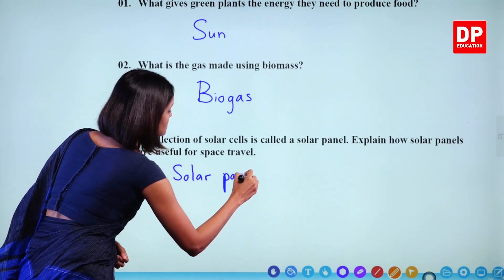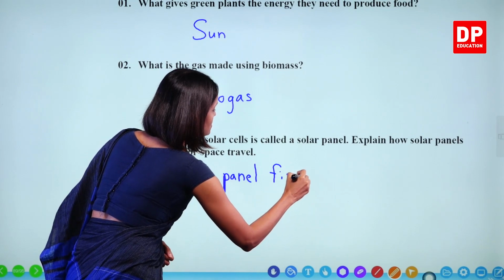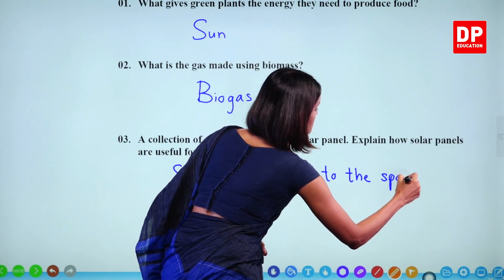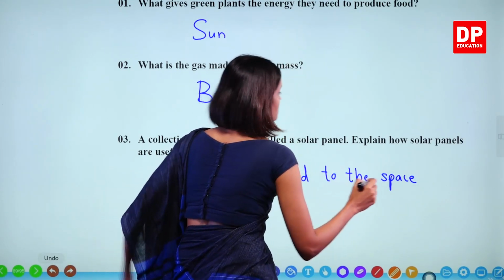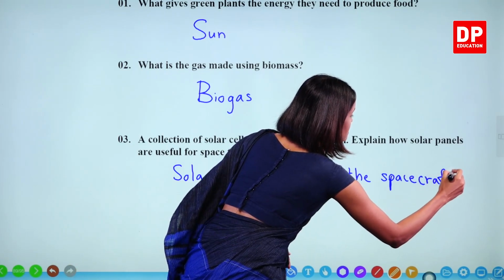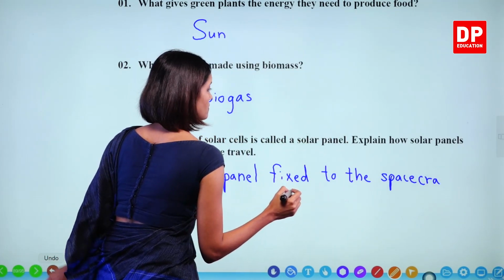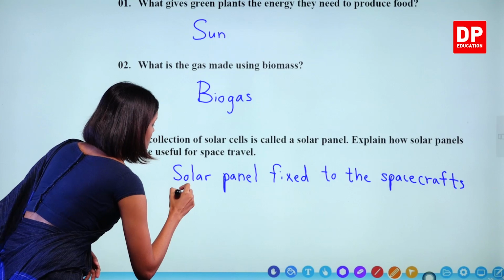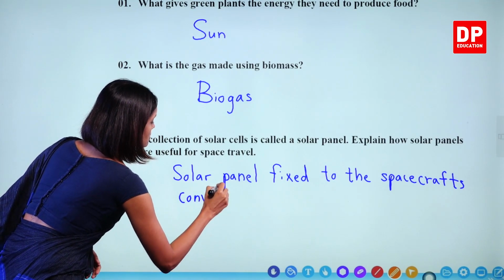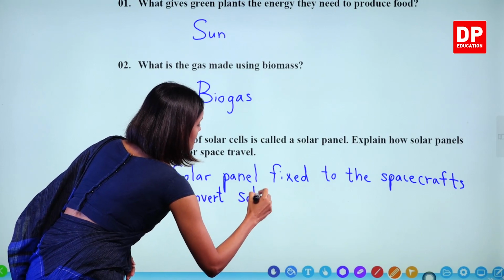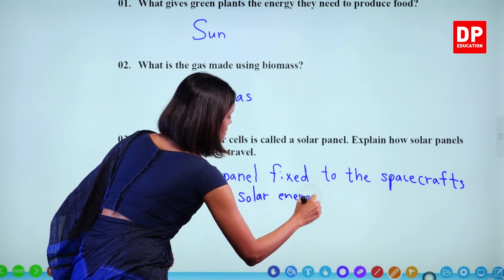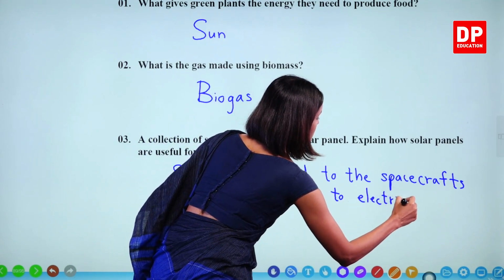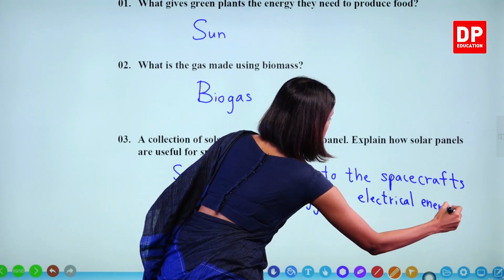Solar panels fixed to the spacecrafts convert solar energy to electrical energy.